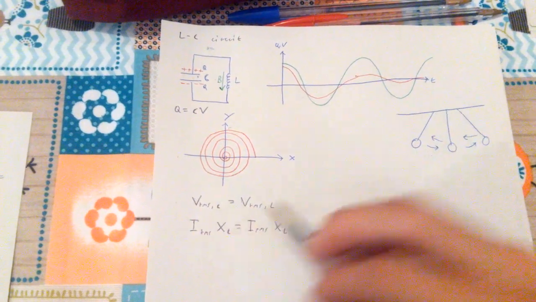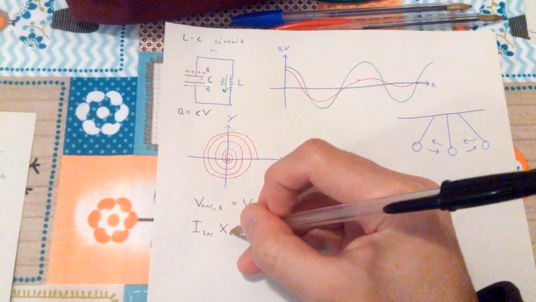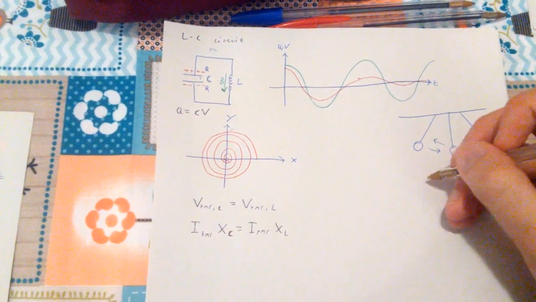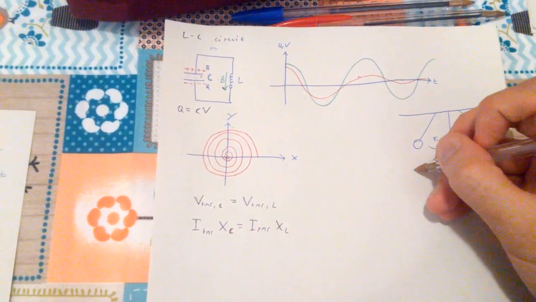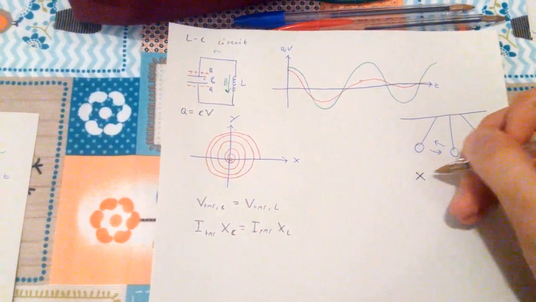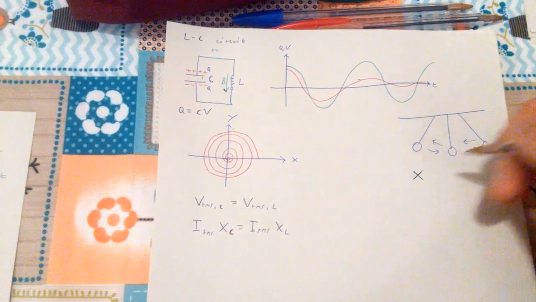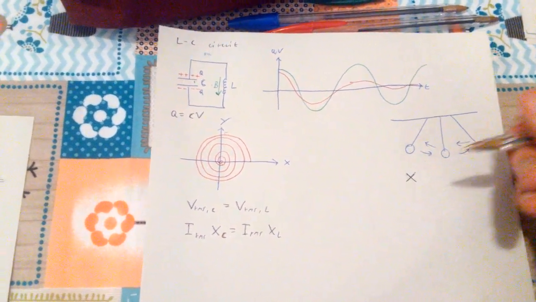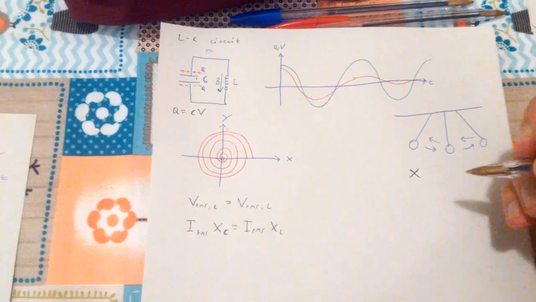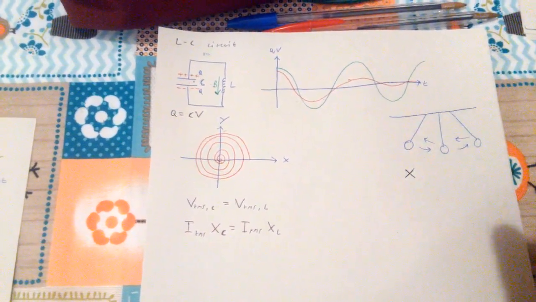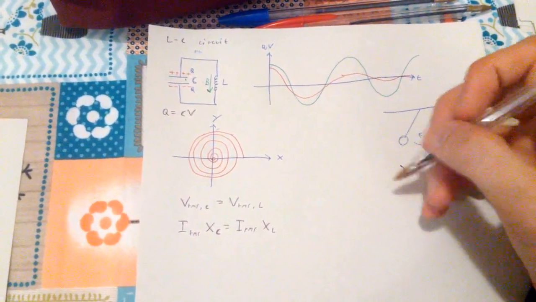What's the impedance of a capacitor and what's the impedance of an inductor? Well, the impedance is essentially how this opposes the change, so basically the current in this case.